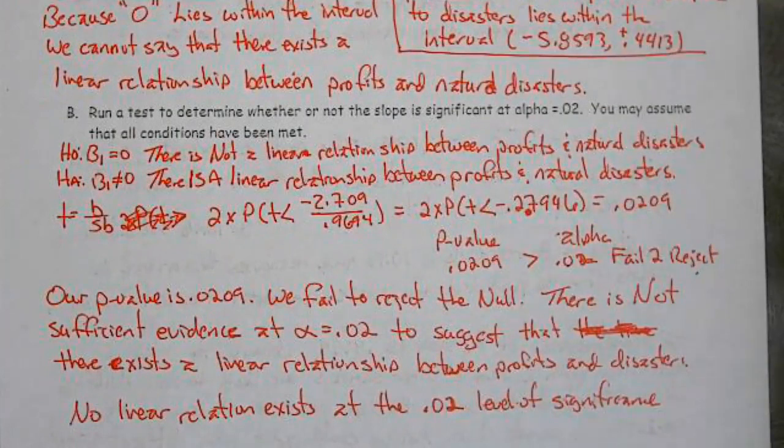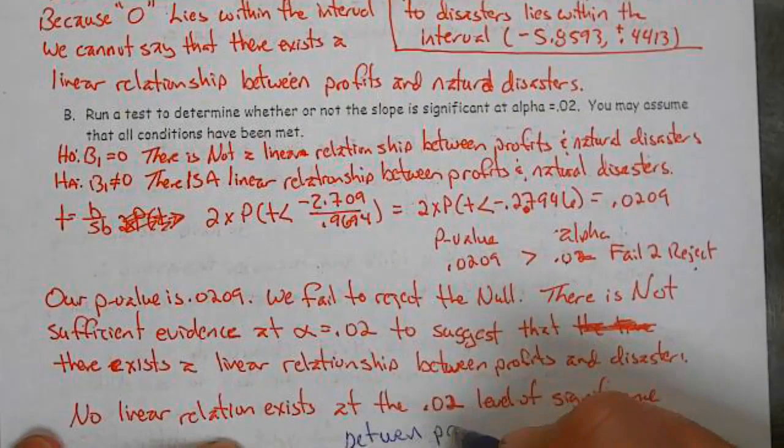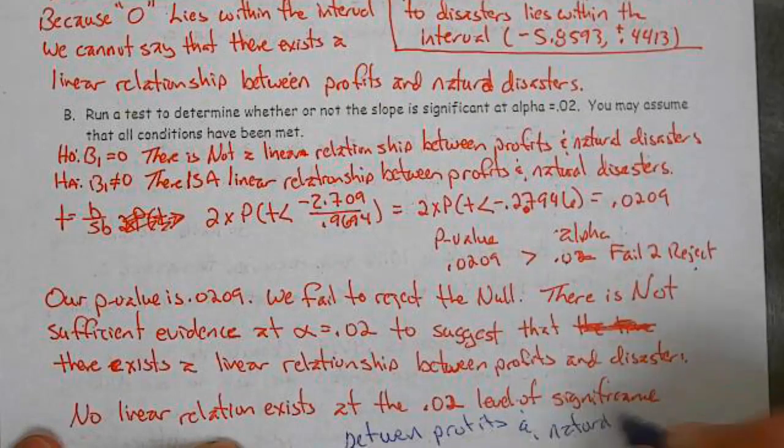So we can say no linear relation exists at the 0.02 level of significance between profits and natural disasters.